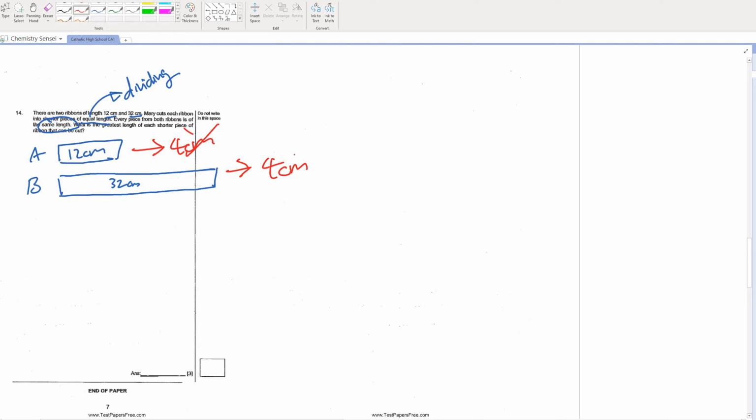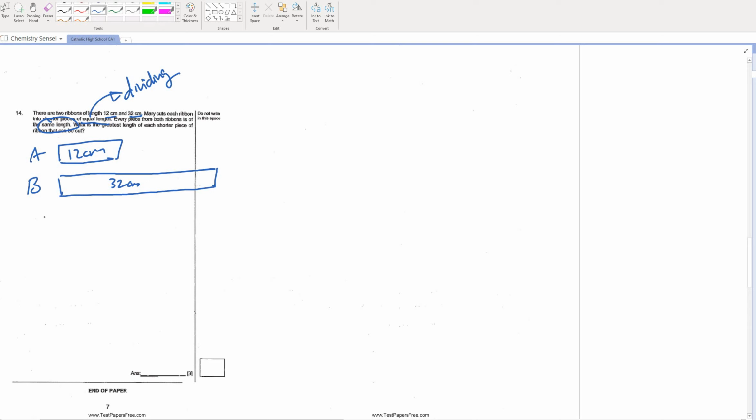Okay, if she decides to cut ribbon A into 6 cm, she is also cutting ribbon B by 6 cm. Okay, so this question is basically asking us about the common factor of number 12 and number 32.